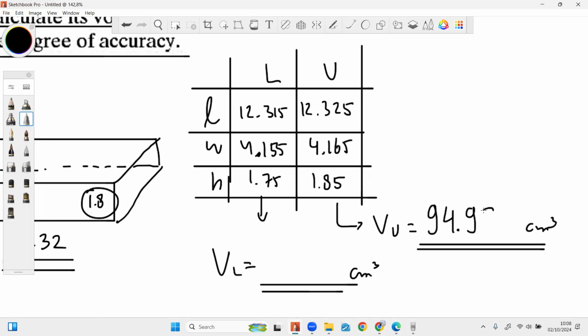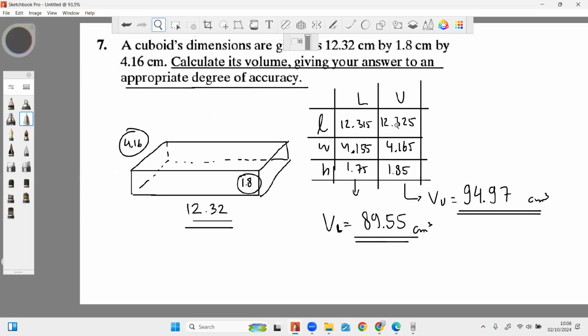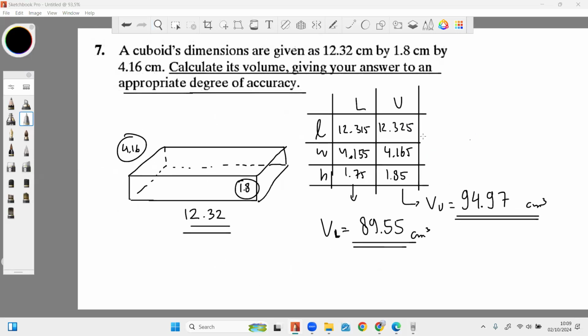Lower bound. 18.55. Thank you. So this is not the answer. You have to put to an appropriate degree of accuracy. Therefore, 89.55 is less than or equal to the volume, which is less than 94.97.